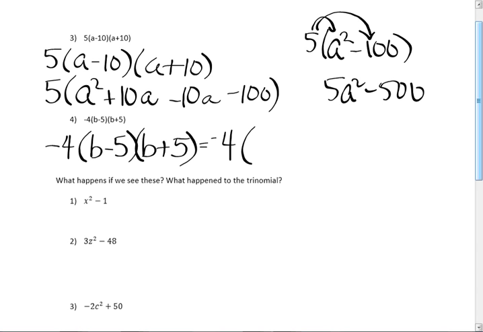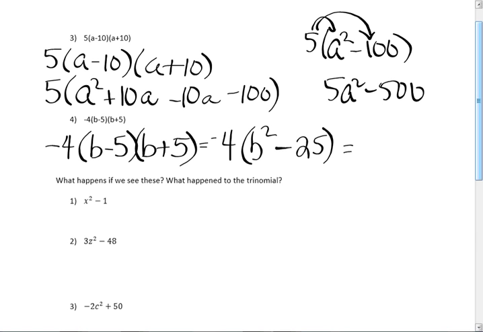And what's that going to give me? Hannah, do you know? What's the first one going to give us? B squared. What's going to happen to the middle ones? I don't want to write them. Do I have to write them? No. They cancel out, and then I'm left with, Hannah, what's left? Negative 25.